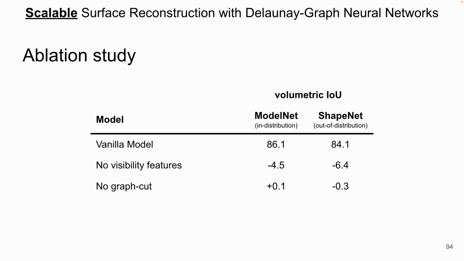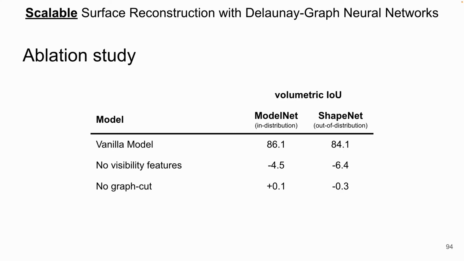Nonetheless, I think it is very interesting to see that the network can still reconstruct surfaces with a high IoU even without these visibility features. And in this case, that means only based on geometric features per tetrahedron, such as the volume of a tetrahedron, and its longest and shortest edge, and so on.